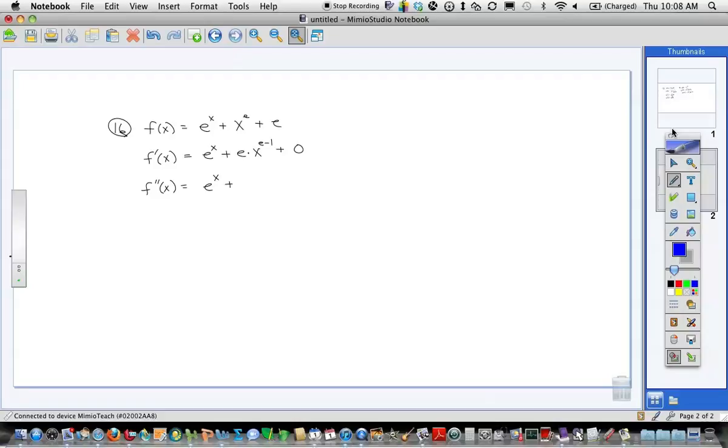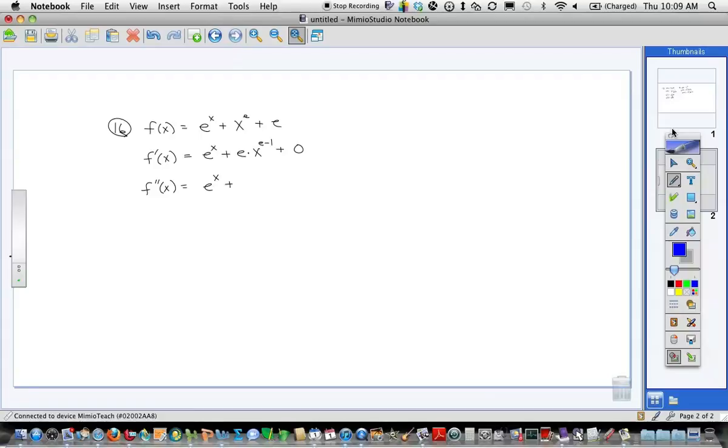Now, I maybe haven't made a big enough deal about this, but when you have a number sitting in front of a function, what do we do with it? It just hangs out there. Like if I had 7x squared, the 7 just stays there. You bring down the 2, times it with the 7, right? When you have a constant in front, remember that stretches the graph.